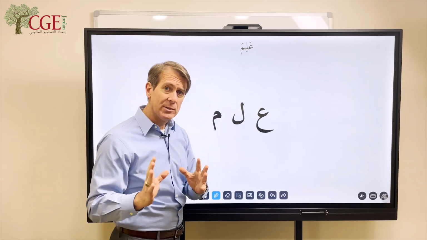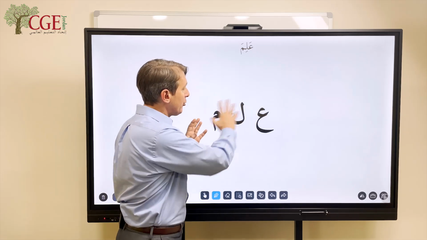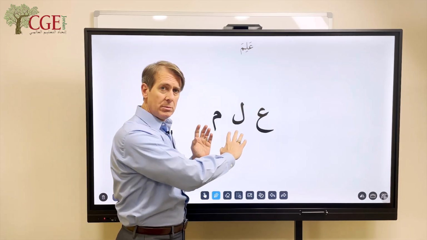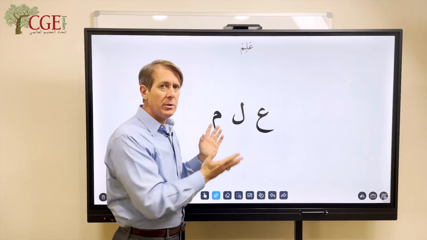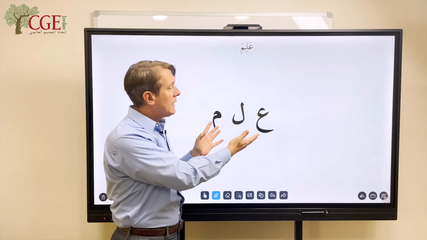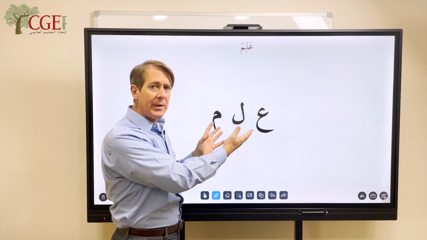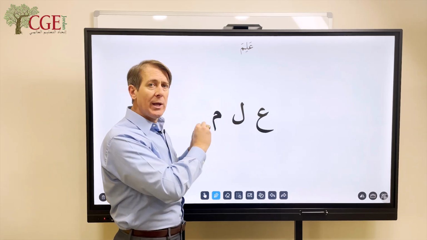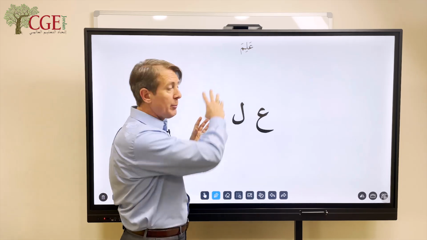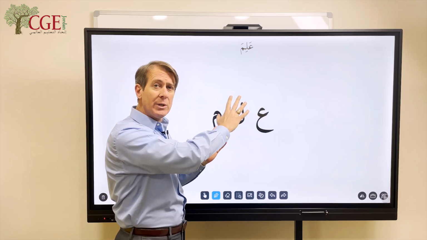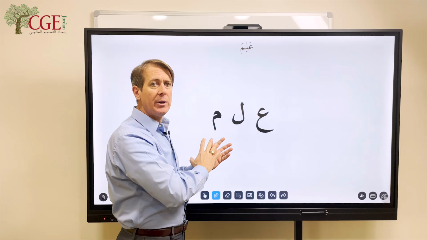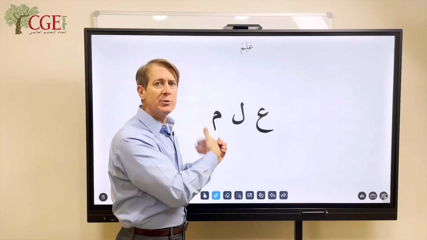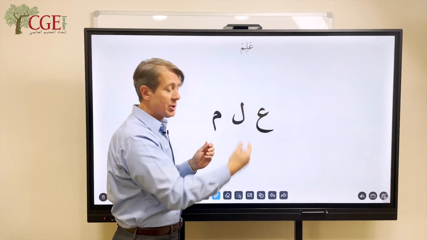So here's what we're going to do. We're going to understand something. These 3 letters, and it could be any 3 letters that form a particular root, have a root essence meaning, and from the root essence meaning you develop within the 10 forms multiple different or unique meanings from that form. And we're going to see how that works now.